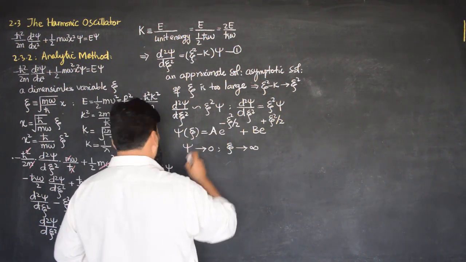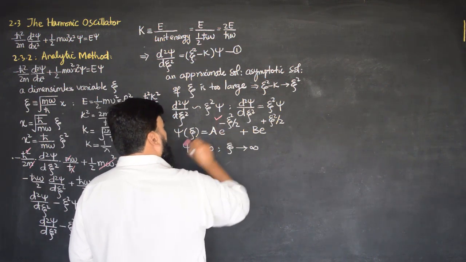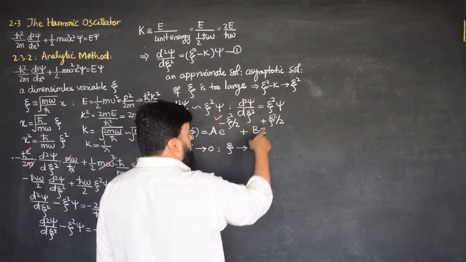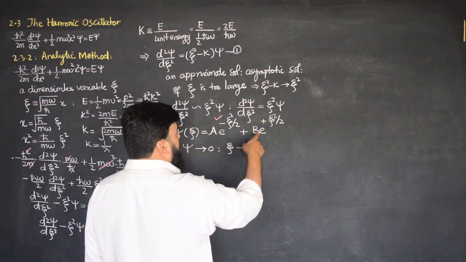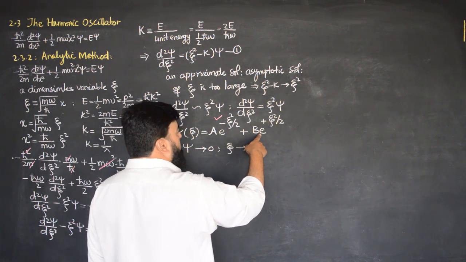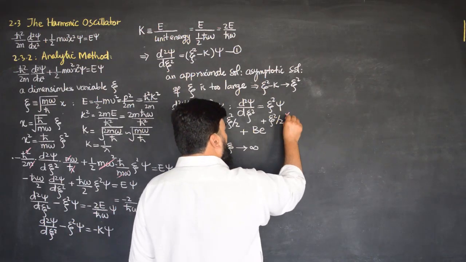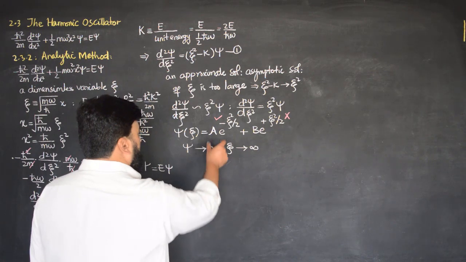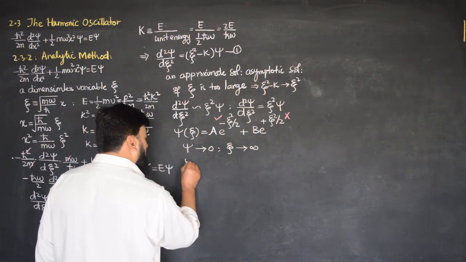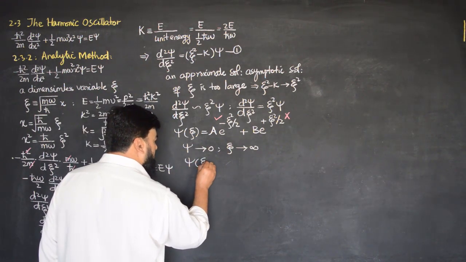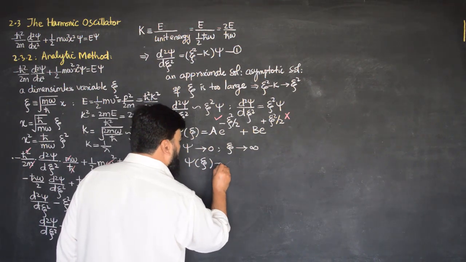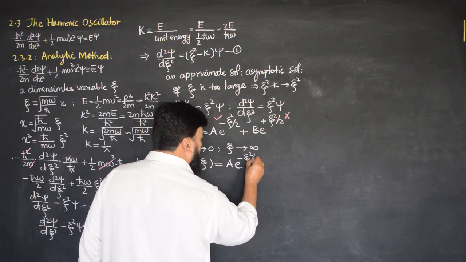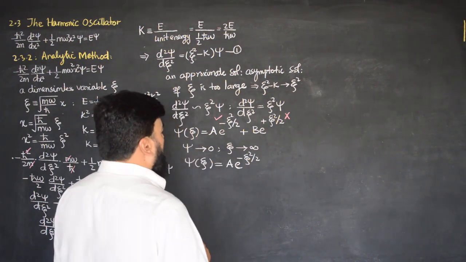So this one is fine. While if I look at the second solution, when xi goes to infinity, psi is not going to 0, but it blows up. So this is not acceptable, and we will not consider this one, but only the first solution. So our psi of xi is equal to A e to the power minus xi square over 2, which is our right solution.